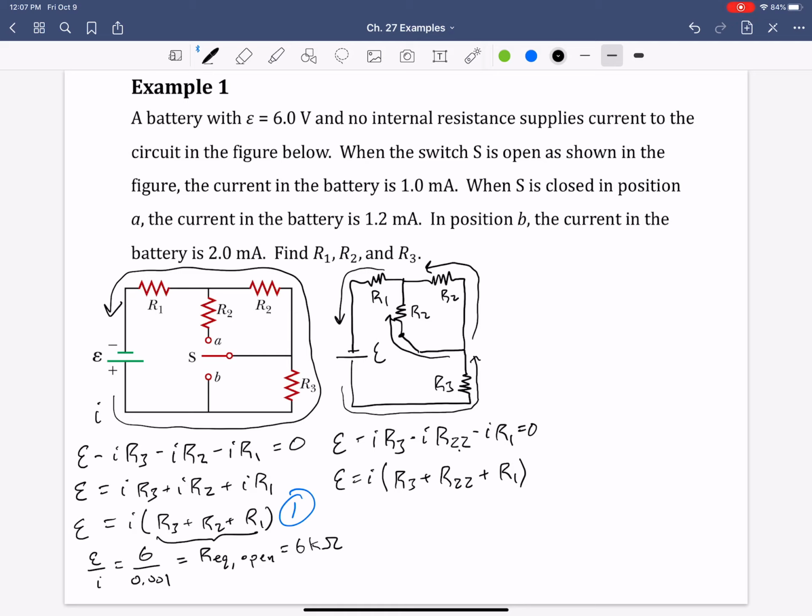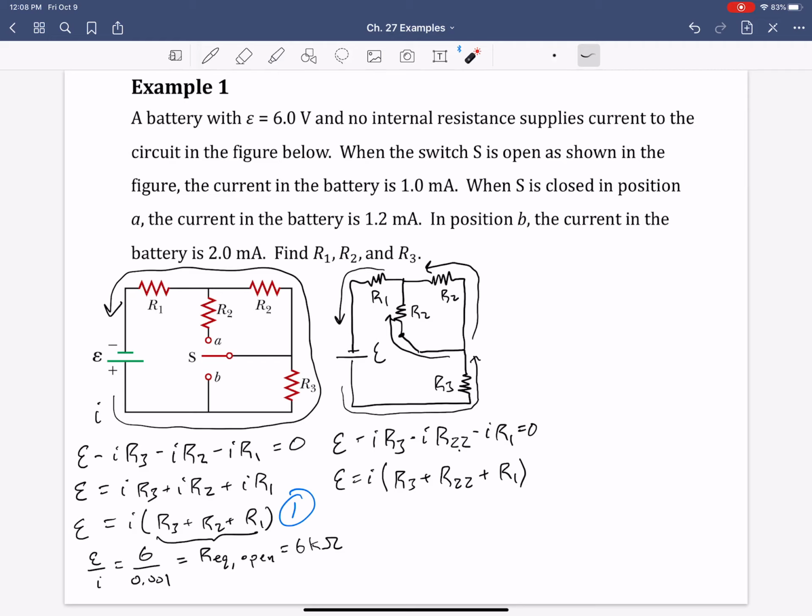Notice I've done two things here. I've shifted the IR terms to the right side, and I've factored out the I term because the current is the same value across all three equivalent resistors, meaning R3, R22, and R1. That's not to say that the value of the current in this loop is the same as the value of the current here.